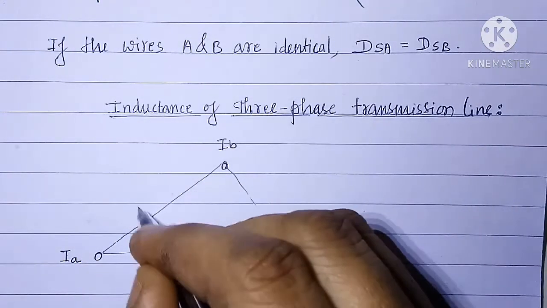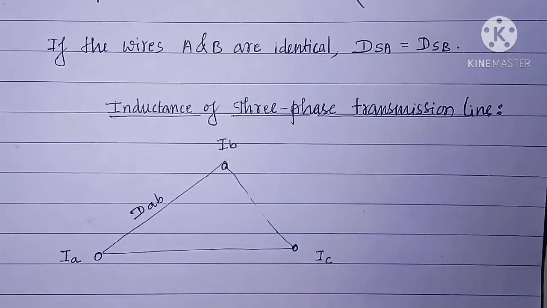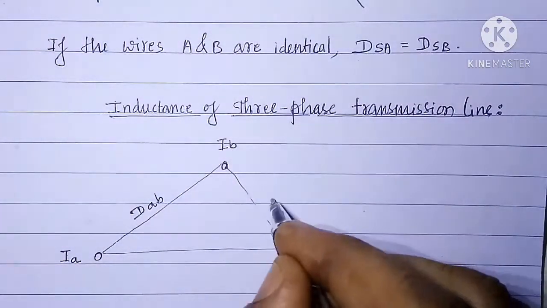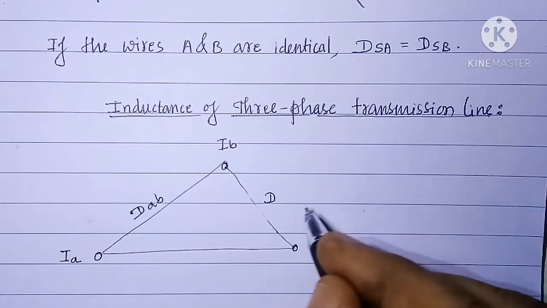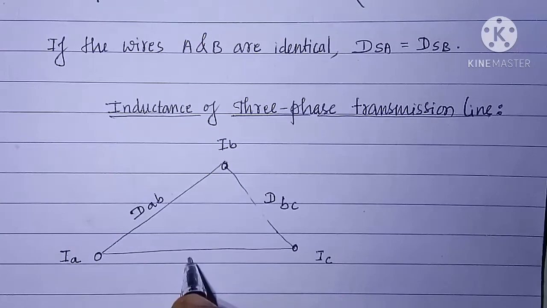Let us say the distance between conductor A and B is DAB, and the distance between conductor B and C is DBC. Distance between conductor A and C is DAC.